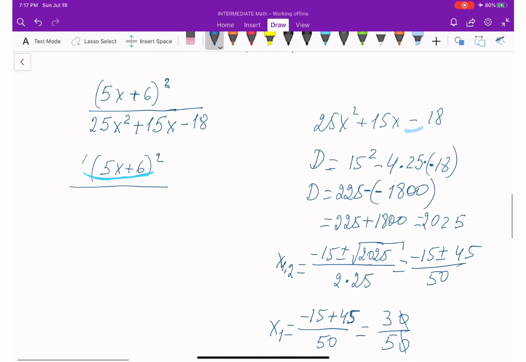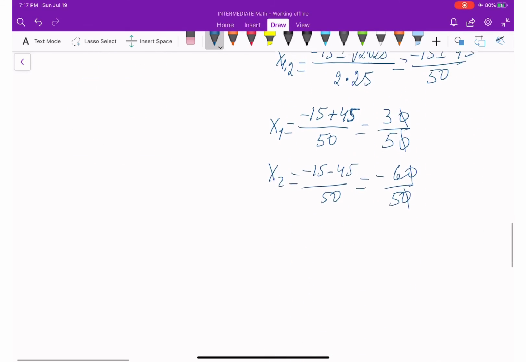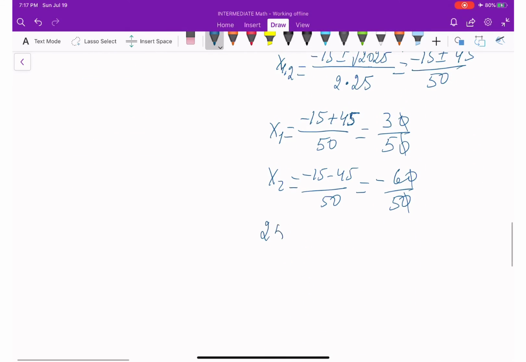Okay, so to write it in the format a times, my a is 25, x minus 3 over 5, and x minus negative 6 over 5 will be x plus 6 over 5. Since both parentheses have fractions, I'm going to split the 25 between the two parentheses.